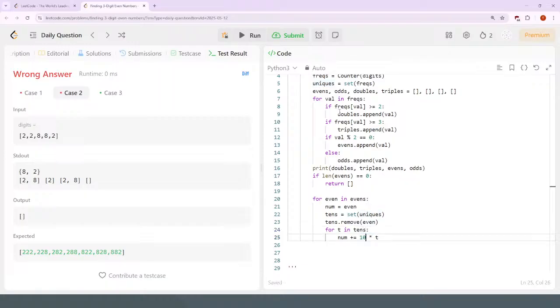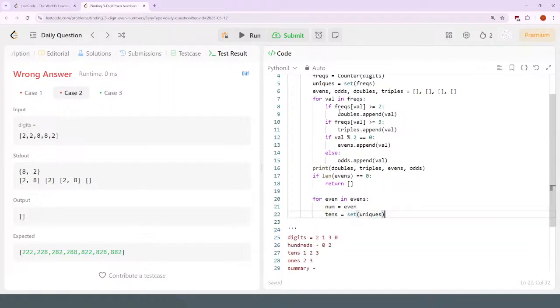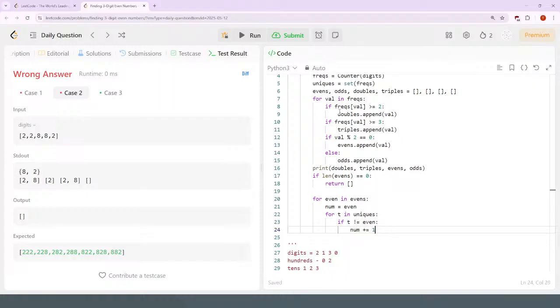Then for every t in tens, and then for every h in, actually, maybe I shouldn't just remove it, maybe I should just, for every even number, and then for every other t in uniques, if t not equal to the even number, then the number plus equals 10 times t.